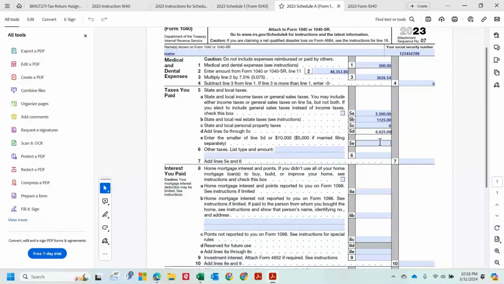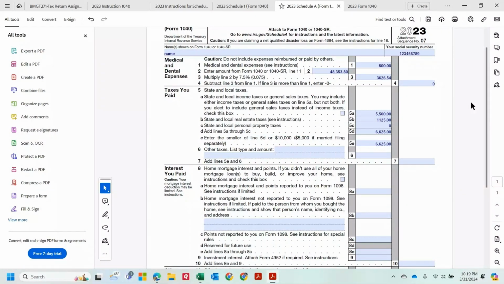So what that means is if this is more than $10,000, I'm limited to $10,000. Now, since it's less than that, that's okay. So we're going to go through and we're going to carry down the $6,625 and 0 cents.